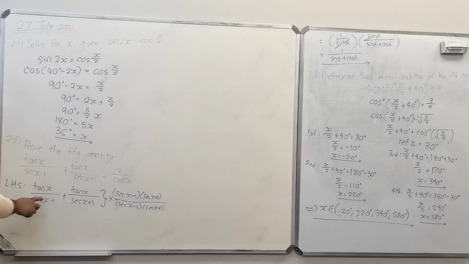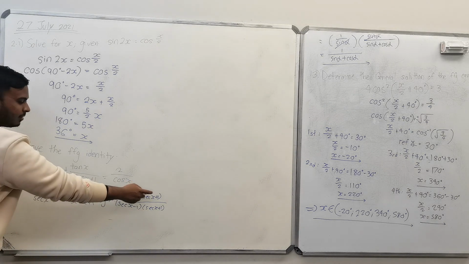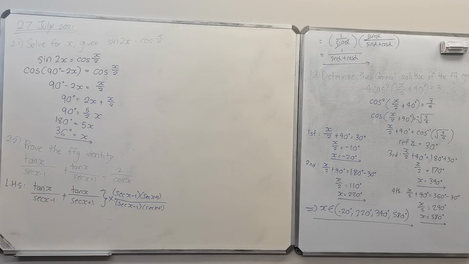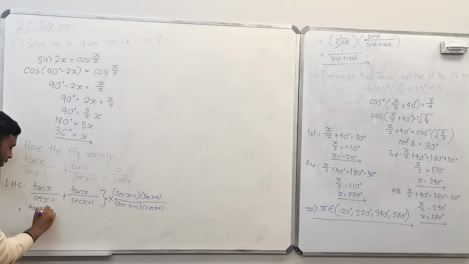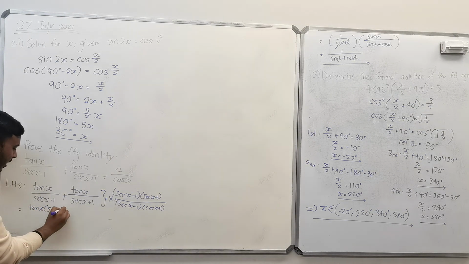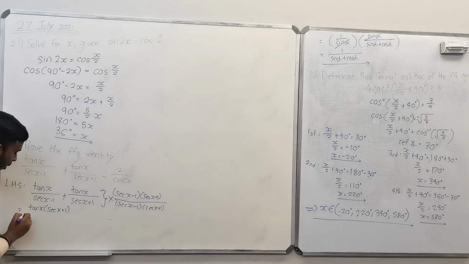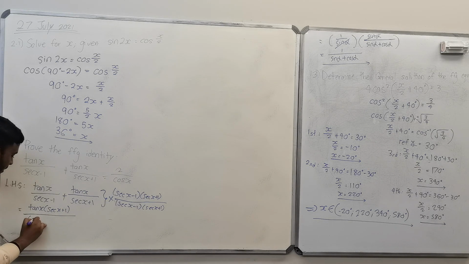You're going to multiply this first part. This minus and that minus are going to cancel, agreed? Right? So you're going to get left with tan x into sec x plus 1 all over sec x minus 1 sec x plus 1.